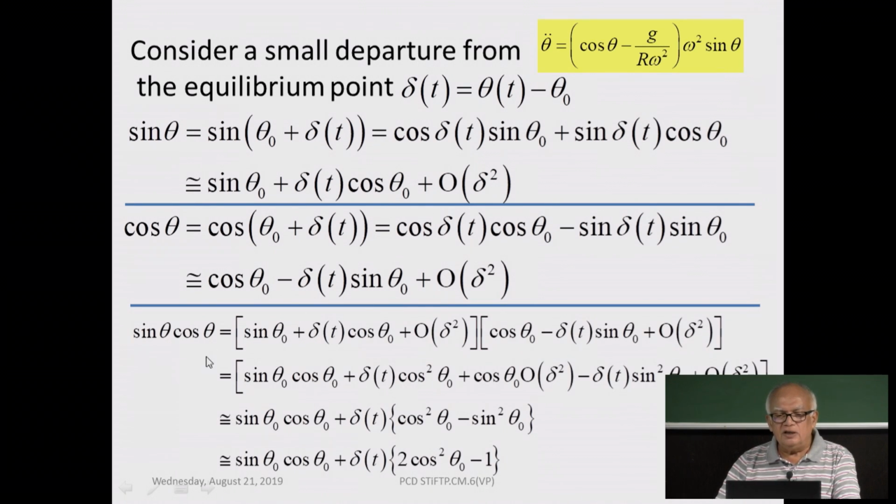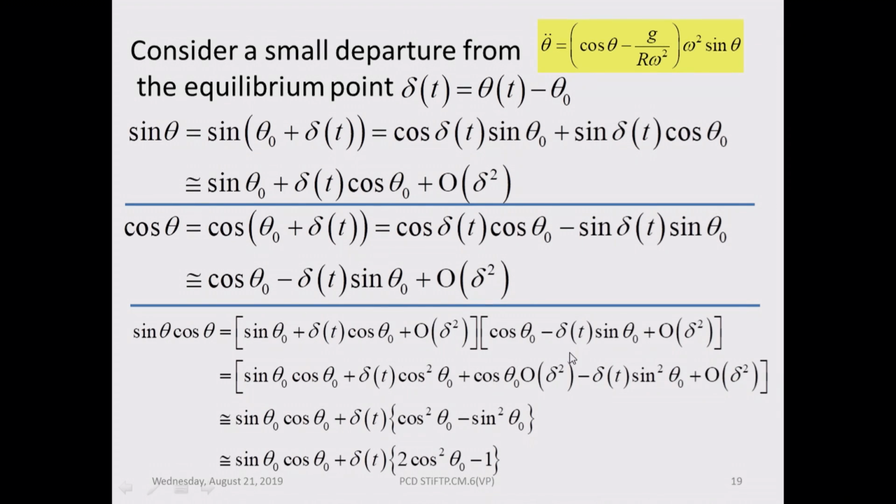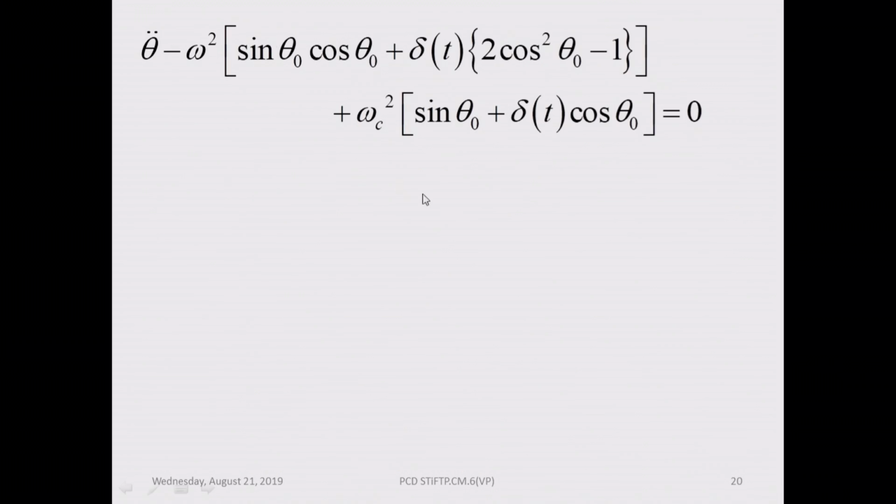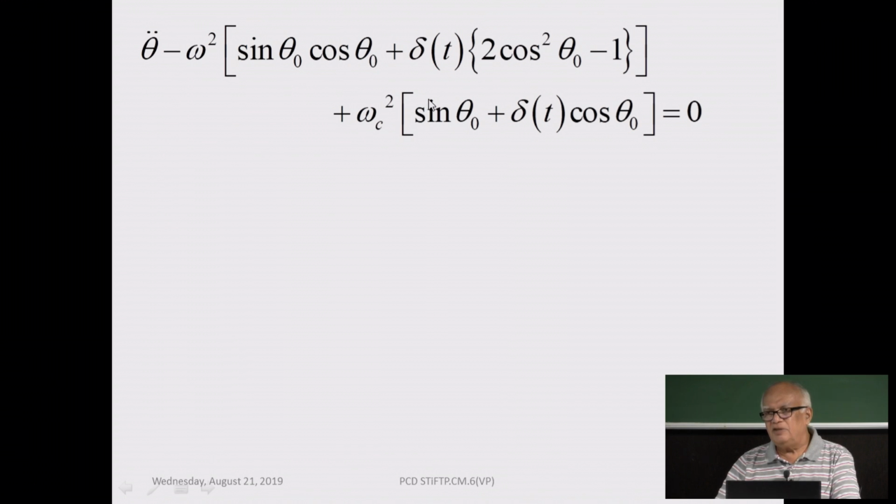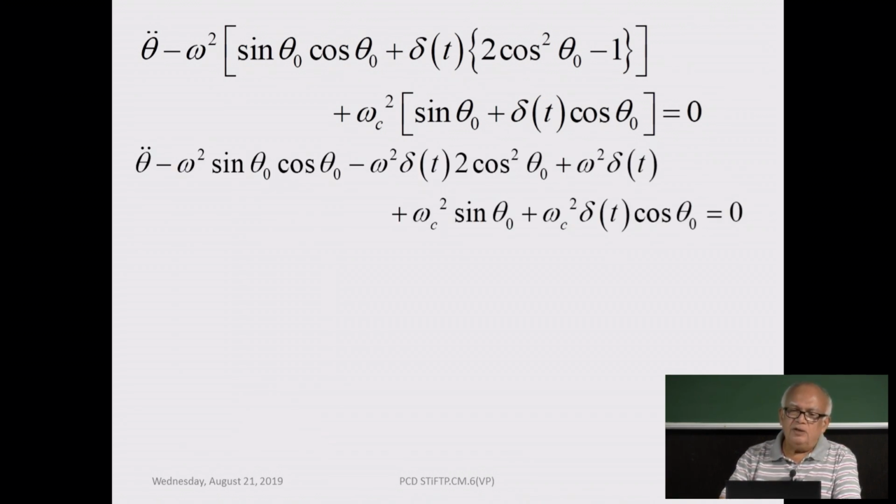So, in the product you put all these terms and retain only the linear terms, remove the quadratic terms. So, if you retain only the linear terms, then you have this relation which has fewer terms, all the quadratic terms in delta have been dismissed, and those which are even weaker than those. So, you can simplify these terms. There is no big mathematics or physics in this simplification, you just rearrange the terms.